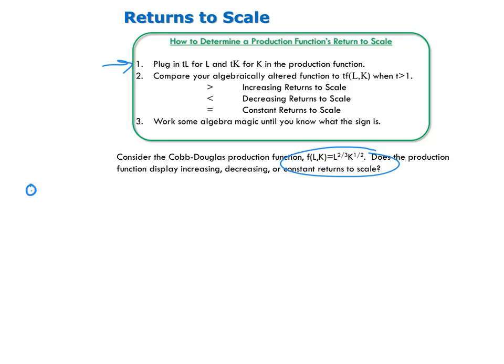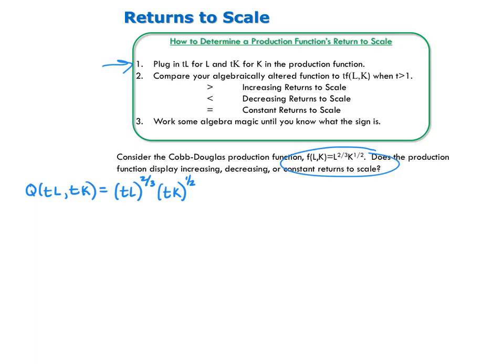So here, where there's an L, I'm going to substitute tL. Where there's a K, I'm going to substitute t times K. So my production is going to look like this: tL to the 2/3 times tK to the 1/2.